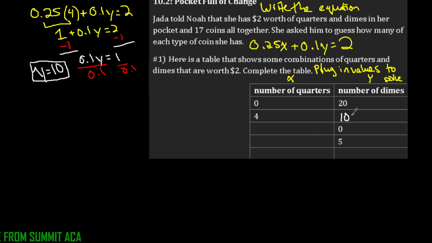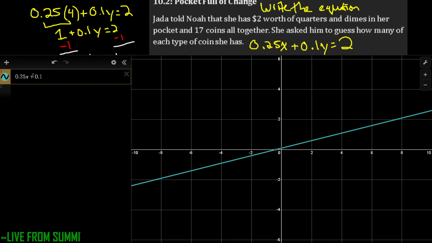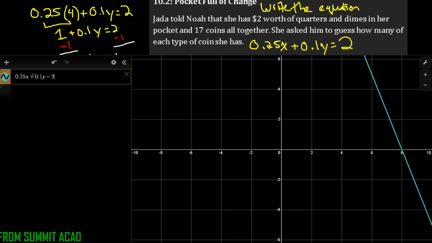And what I can also do is check using Desmos. When you pull up your Desmos calculator, you can have your graph like this. I'm going to type in my equation: 0.25 times x plus 0.1y equals 2.